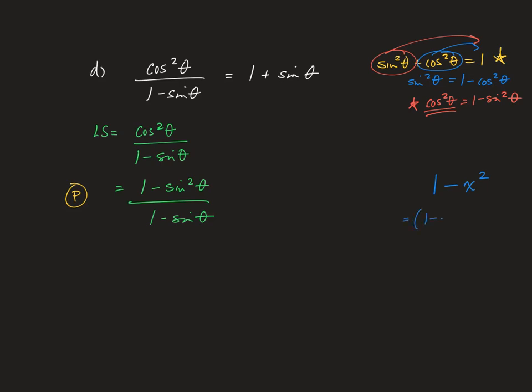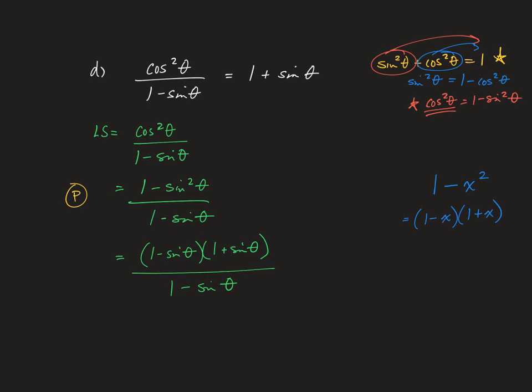And we could factor that into 1 minus x times 1 plus x. You get a little confirmation if you expand it, you get back to the original. And so what that tells us is I could factor the numerator of that big fraction into conjugates: 1 minus sine theta times 1 plus sine theta.